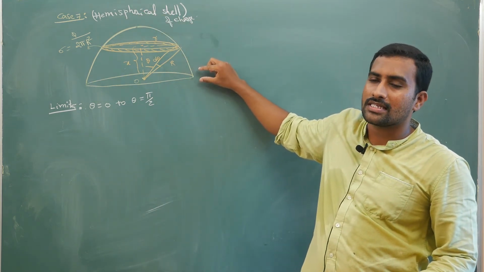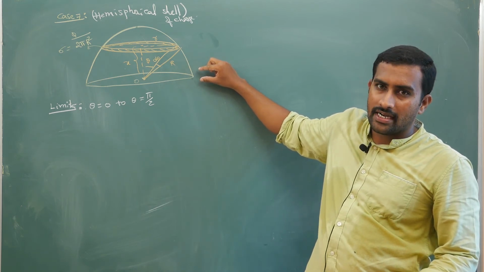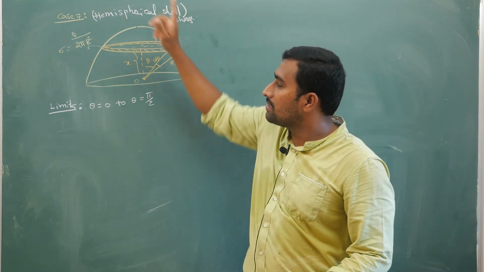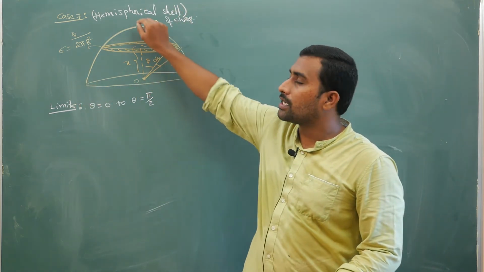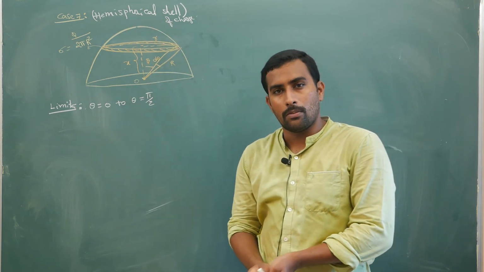It is not minus 90 to plus 90, or theta equal to 0 to 180. Here it is only 90. When theta is 0, that circular patch will be on the top. When theta is equal to 90 degrees, the patch comes to the bottom.